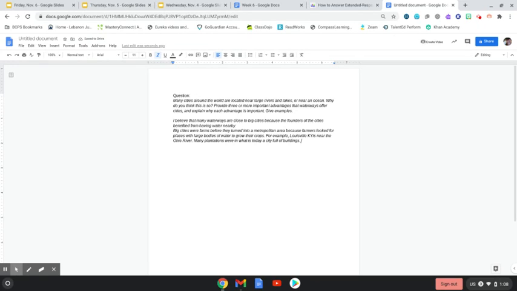So I sustain the fact that the Ohio River is close to us and we are the biggest city in Kentucky. And it makes sense because we are closer to water.